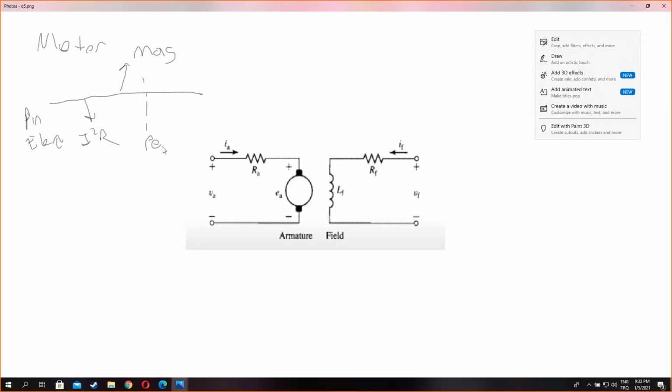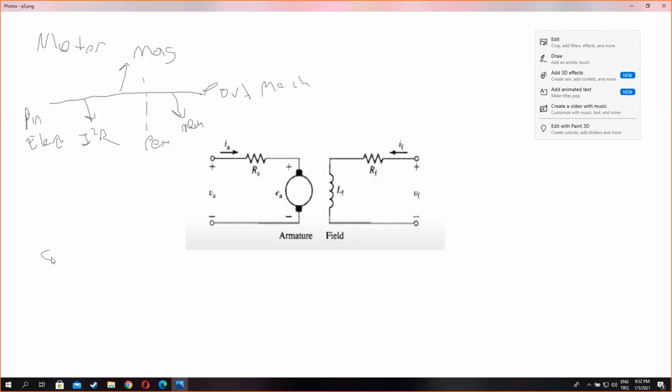And this is the PEM. And we reach the rotor part, and after that we have the mechanical losses due to the windage and the friction between brushes and the rotating parts with the air. And the P output is the mechanical power.